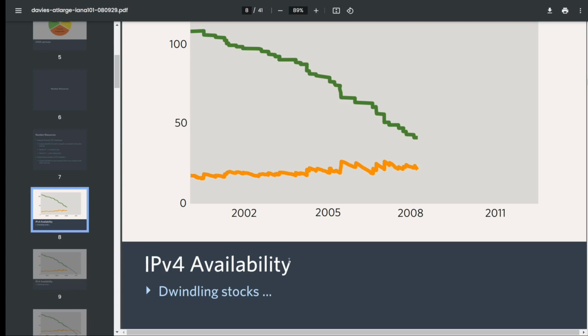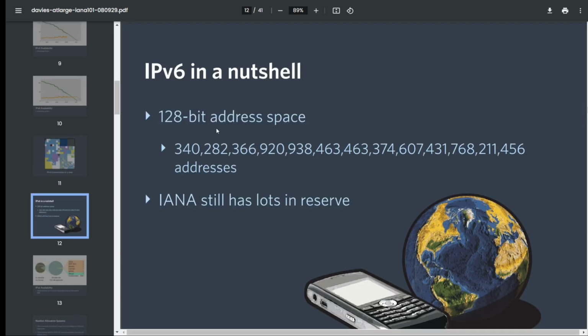So they brought the concept of IPv6, where we can provide many more addresses compared to IPv4. IPv6 is a 128-bit address space, so they can provide this many addresses. You can see how long this number is, while IPv4 is a 32-bit address.